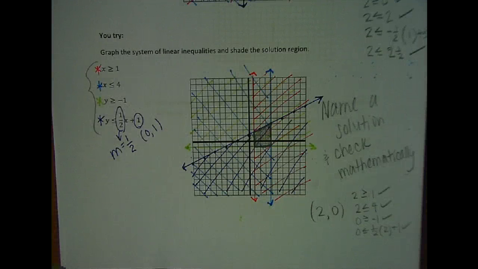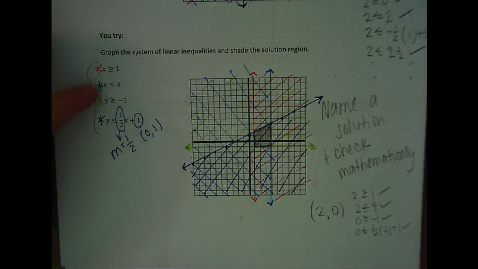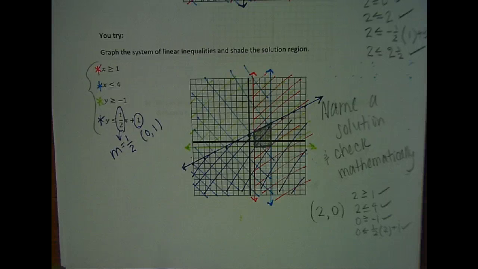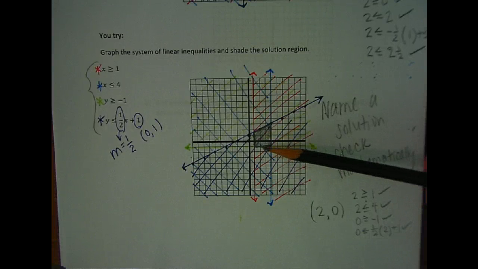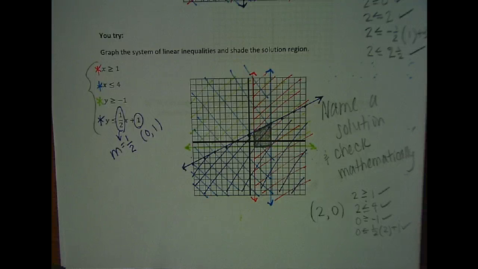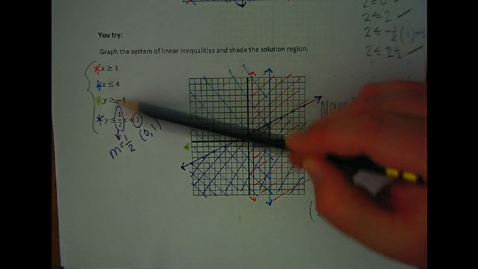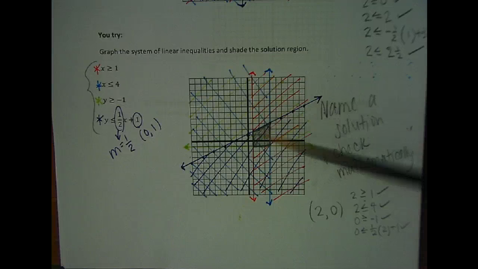Okay, now that you're back from checking, I have shown you what colors I graphed and shaded each of the inequalities. I defined the shaded region for you here as this trapezoidal box. I shaded it in, and because they're all equal to, I have 4 solid lines around that region.